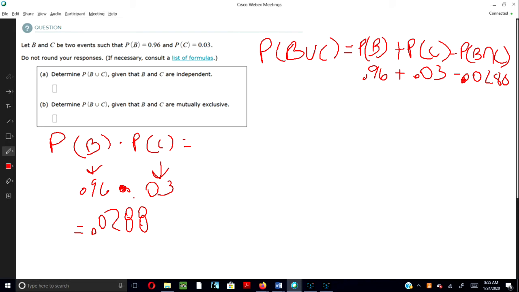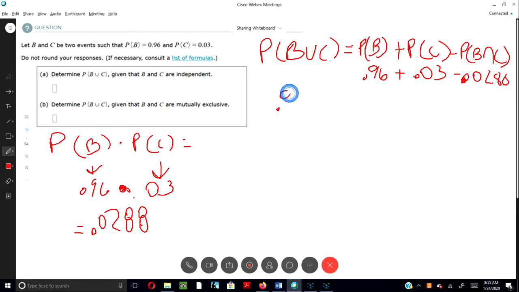Okay, so the next thing we would do is just add this up. So we would put in our calculator 0.96 plus 0.03 minus 0.0288, and that is an 8 right there.